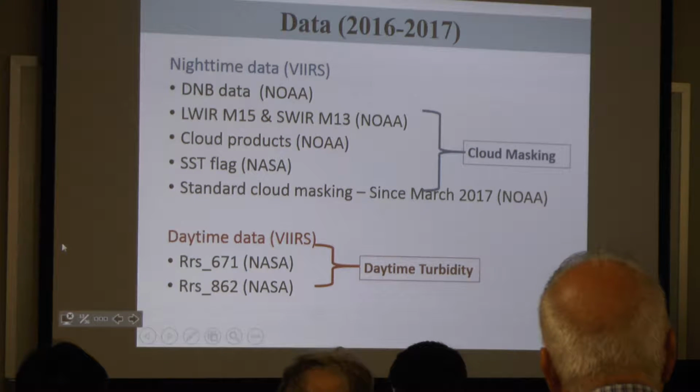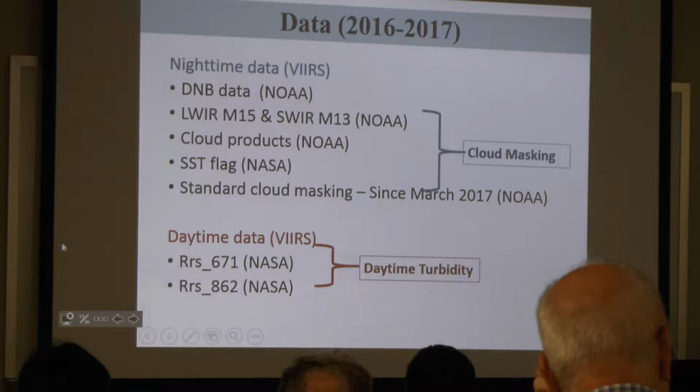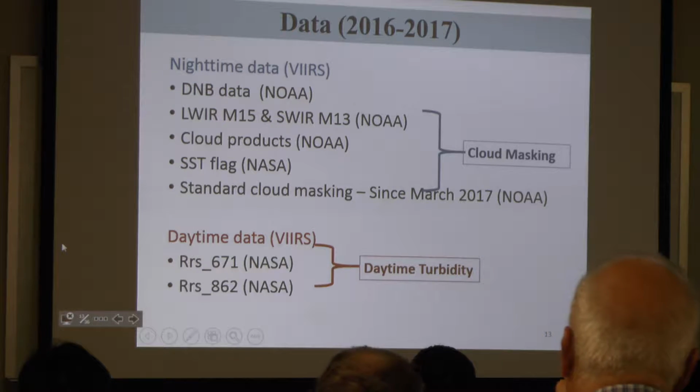So here's my data. I use data from 2016 to 2017. VIIRS daylight band data will be mainly used to identify turbidity pattern at night and to develop a turbidity algorithm at night. VIIRS daylight band data can be blocked by clouds. Cloud masking can be made through the combination of different products.